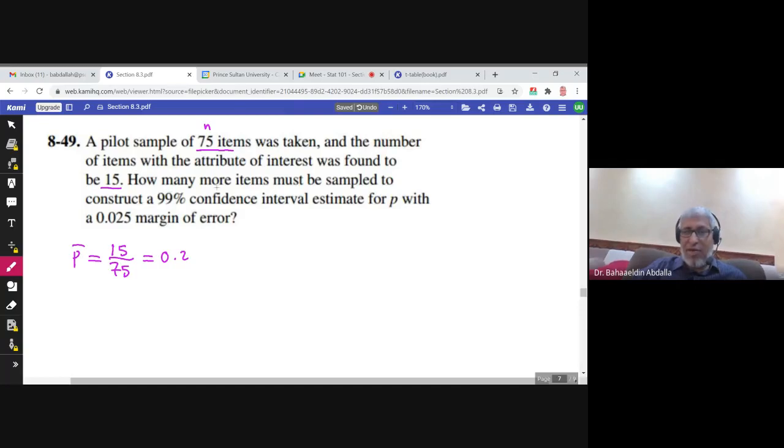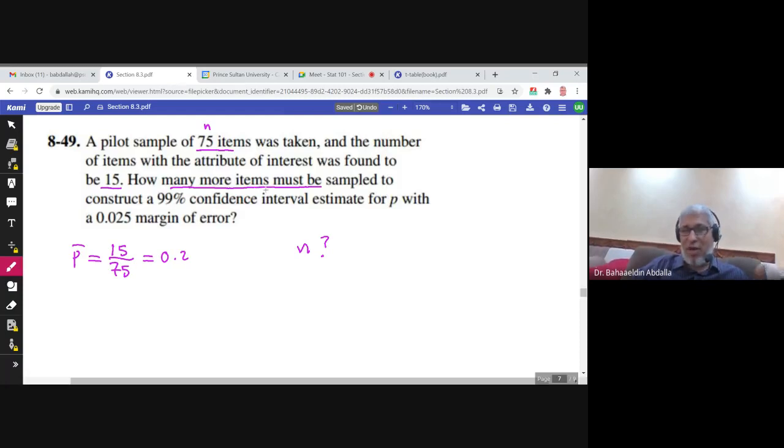Okay. How many more items? The question, how many more items? Well, we already chose 75 in the pilot sample. So we will find the required sample size and then subtract the 75 which we already chose to answer this question.